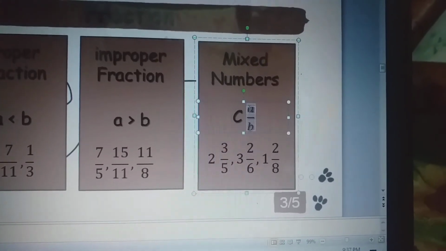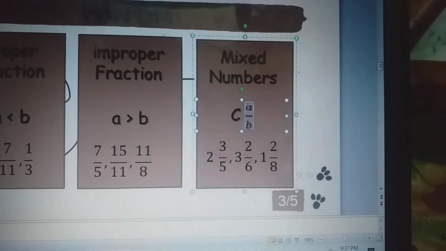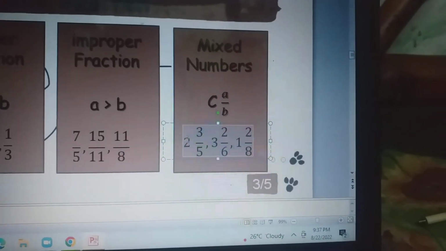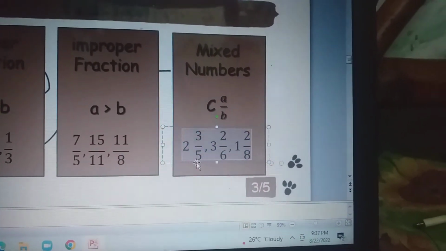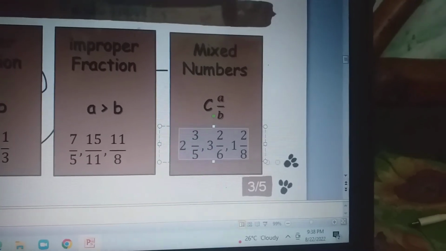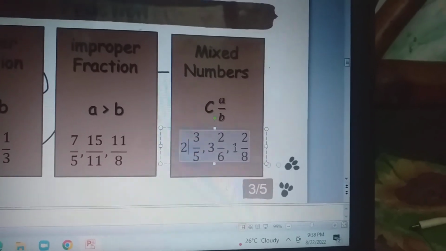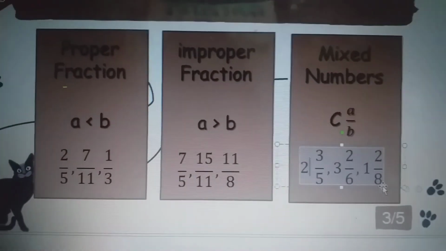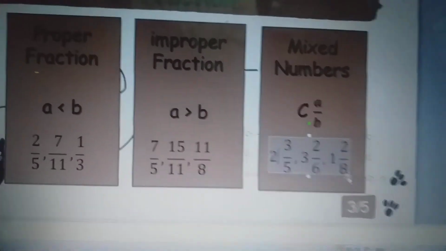Ang fraction bar po denotes division. Okay, examples of a mixed number or mixed fraction, 2 and 3/5, comma, 3 and 2 over 6, then comma, 1 and 2 over 8. Okay? Ayan, 1 and 2 over 8.